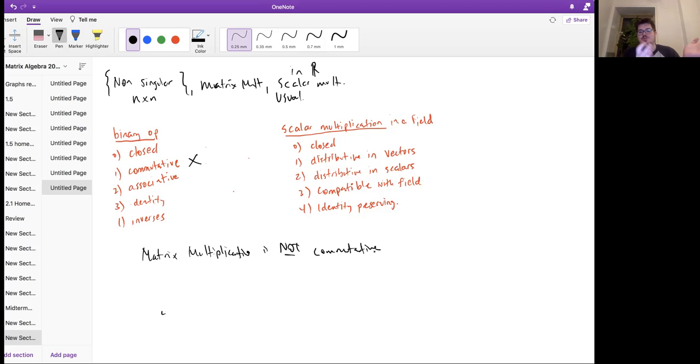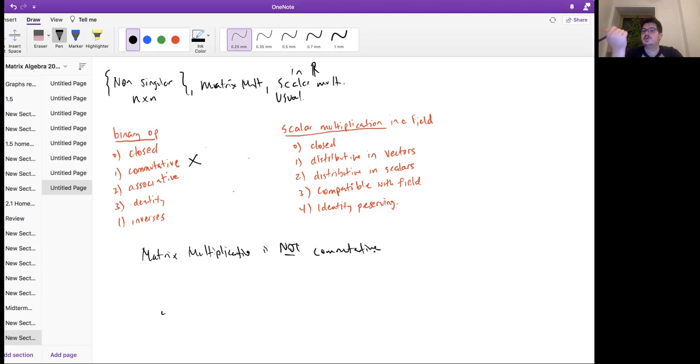There's one that doesn't work, and so it never works. But notice that other ones are fine, right? It is closed. Product of non-singular is always non-singular. It is associative. The identity is the identity matrix, and non-singular matrices have inverses.